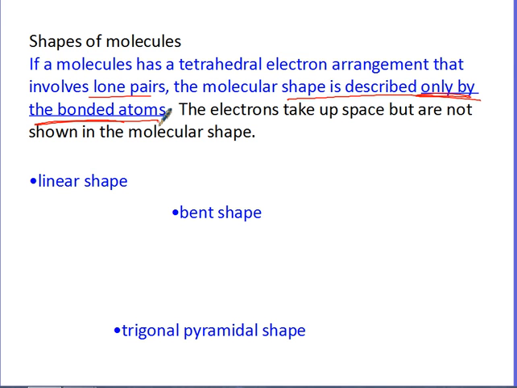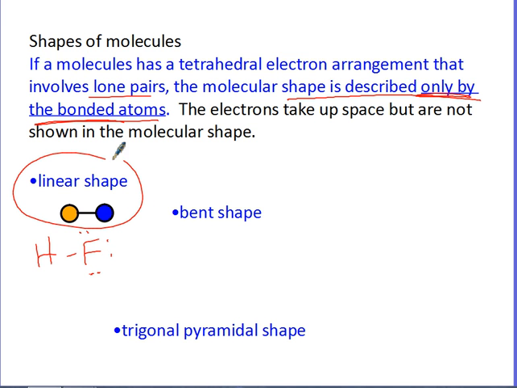Okay? So, for example, if I have hydrogen fluoride, I have this atom. When I look at it, I see these electrons out here, these lone pairs. They aren't involved in my shape, which is linear. A bent shape would be something like oxygen in water with the lone pairs.